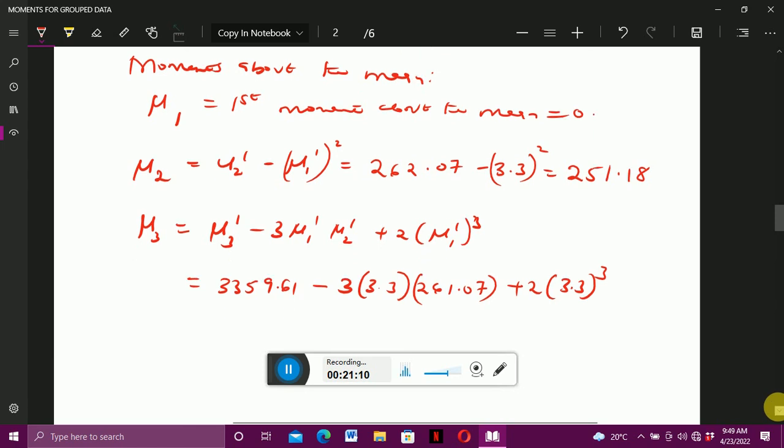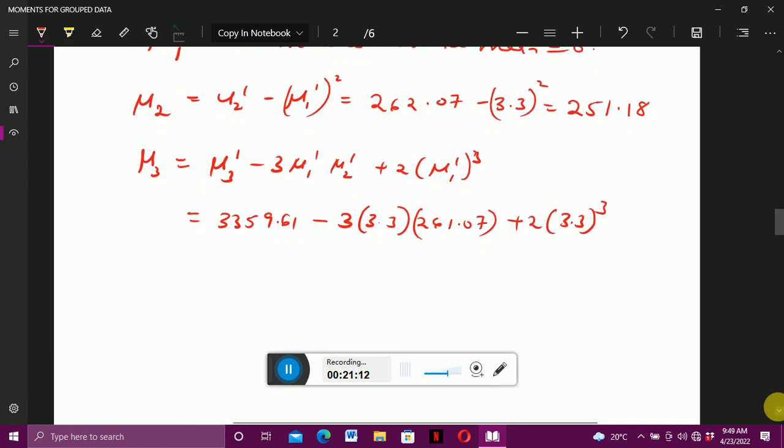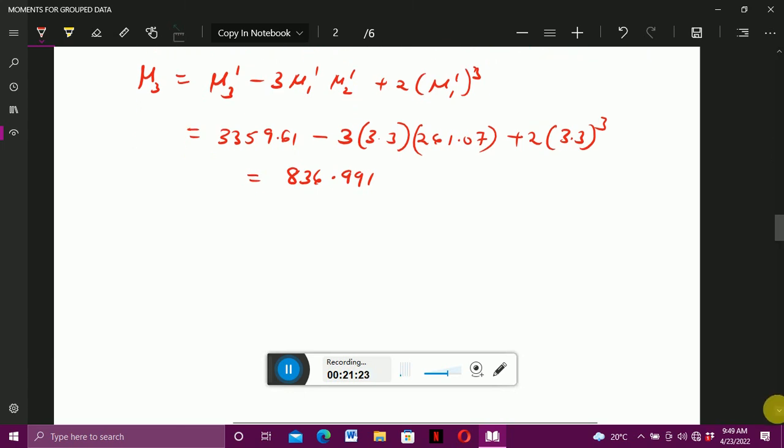When we work that out, we should get 836.991 as the third moment about the mean.